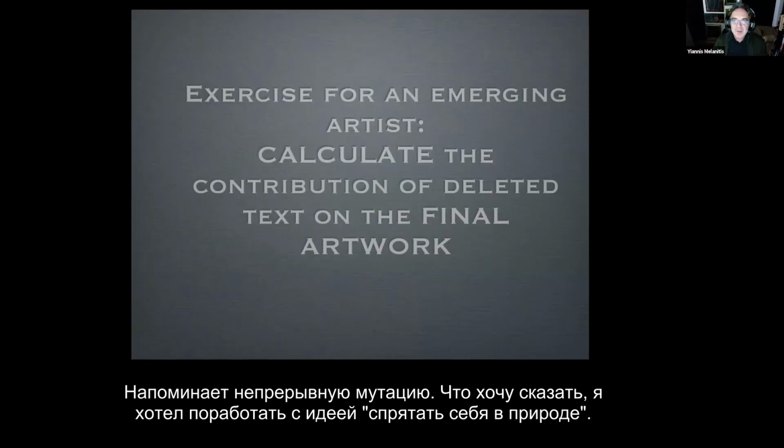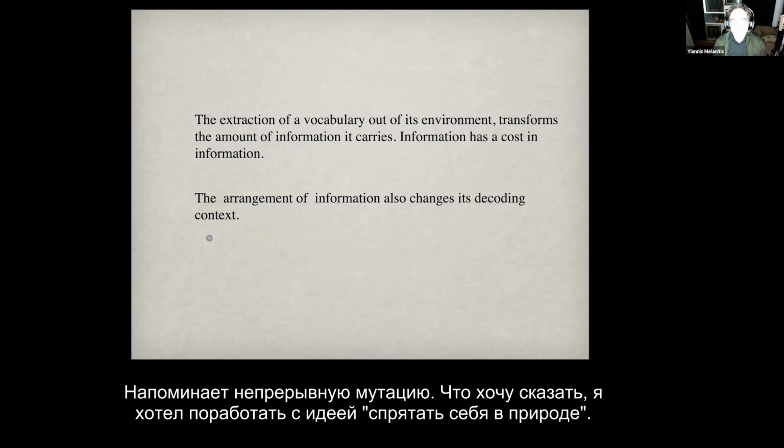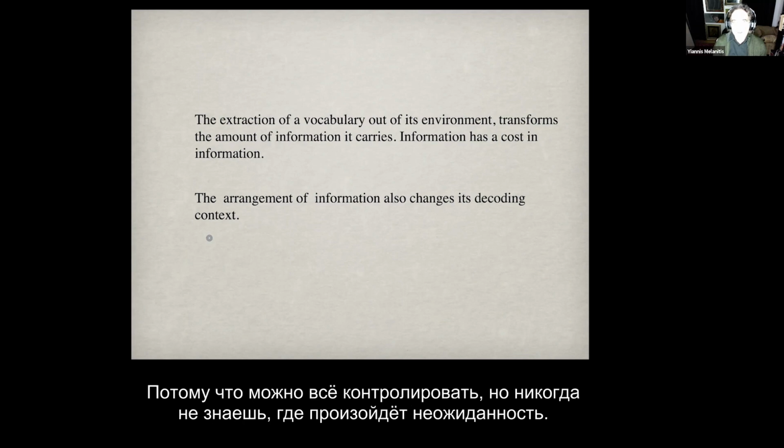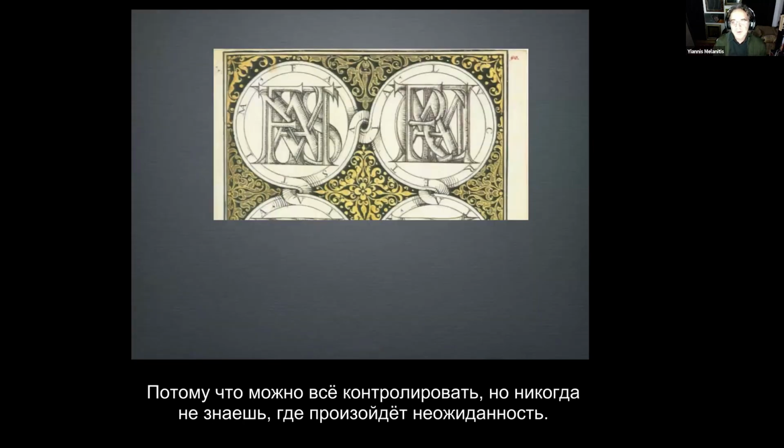What I want to say now is that I wanted to work with hiding myself inside nature and using information for it. It could be something that would arise as a surprise for me, because you can organize things, but you never know where the surprise is coming from.